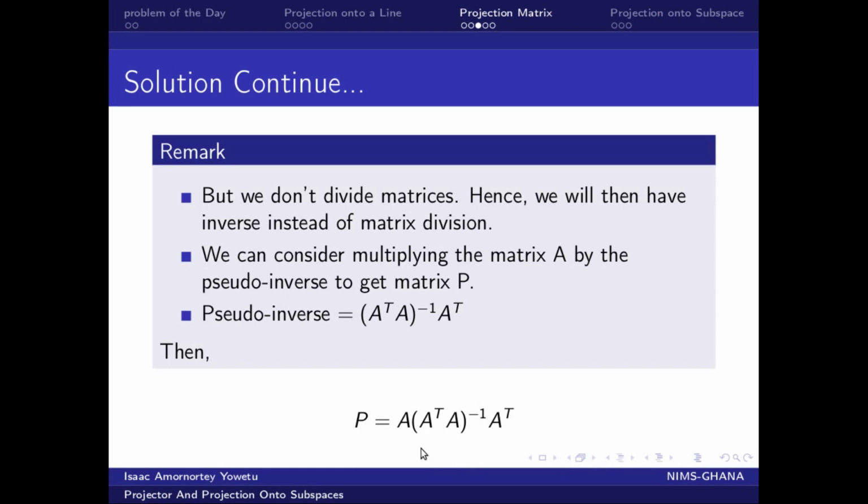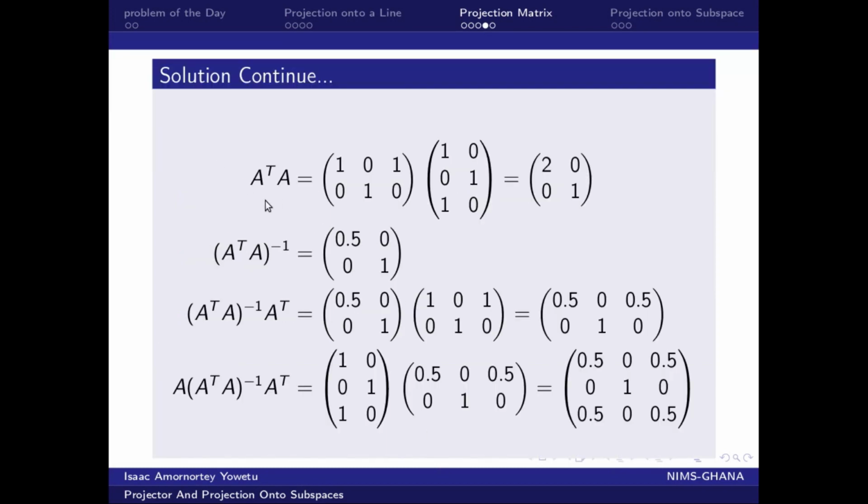So now that we have our matrix P, we want to look at how best we can solve this problem. A transpose times A happens to give us this matrix here, and then its inverse happens to give us this. So to find the pseudo inverse, we consider the matrix A, the inverse of this times A transpose, which eventually gives us this matrix over here.